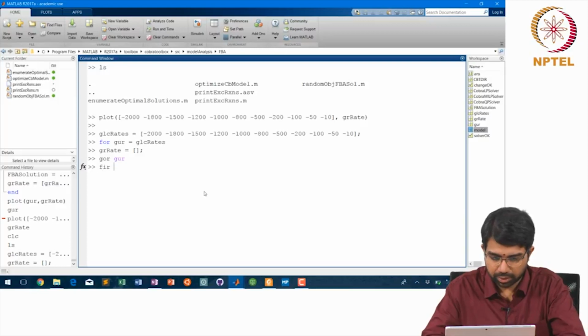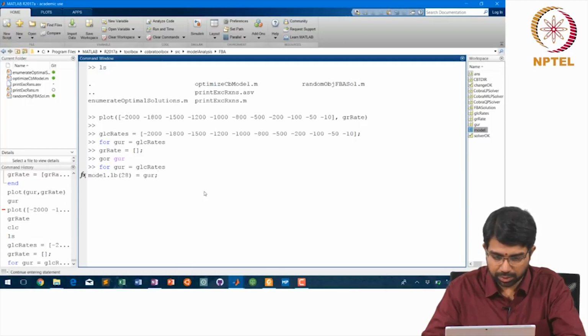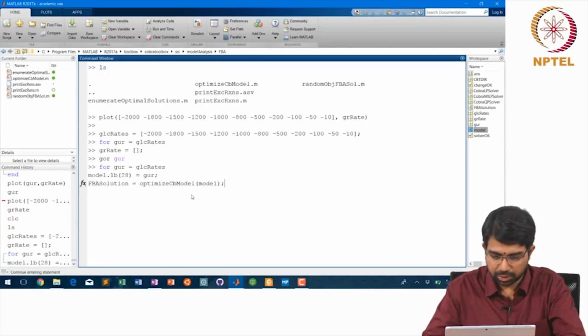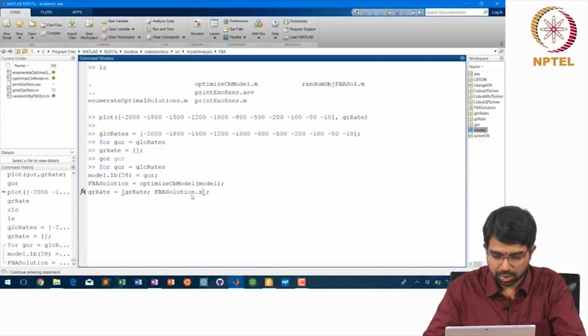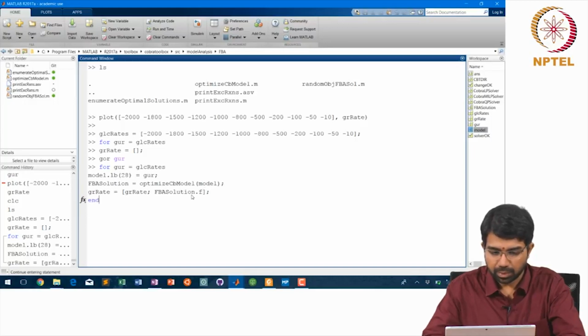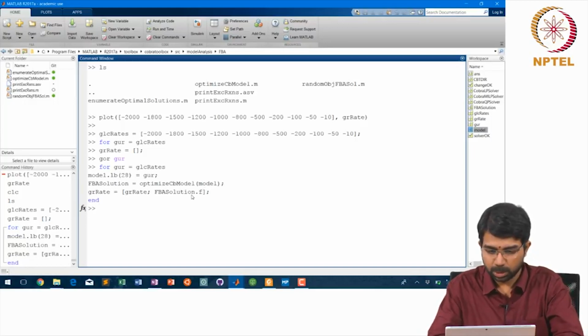For GUR equals GLC rates, model dot LB is GUR, FBA solution is optimize CB of model, GR rate equals dot f. And now we basically can plot GLC rates against the growth rate.